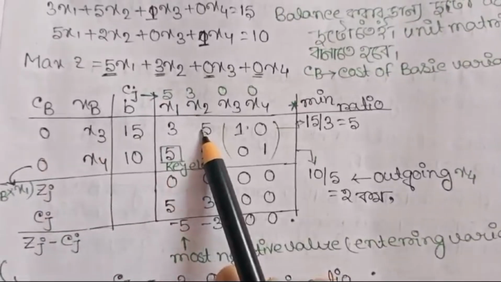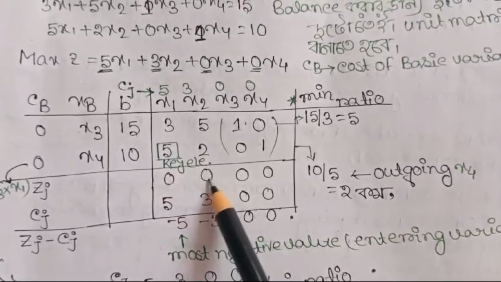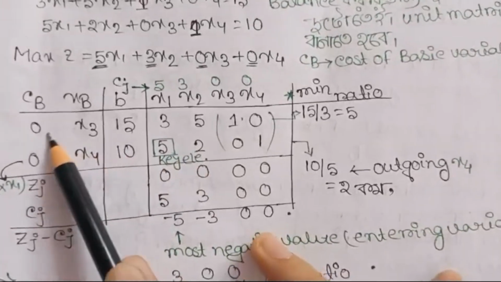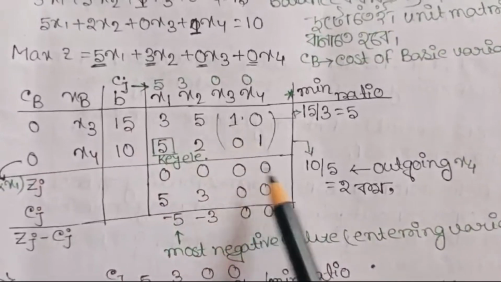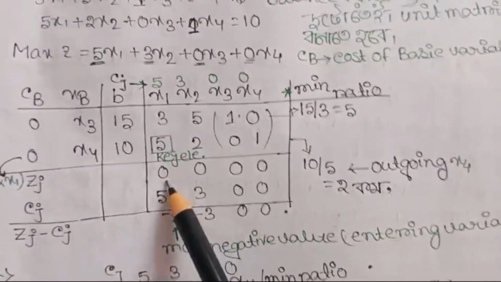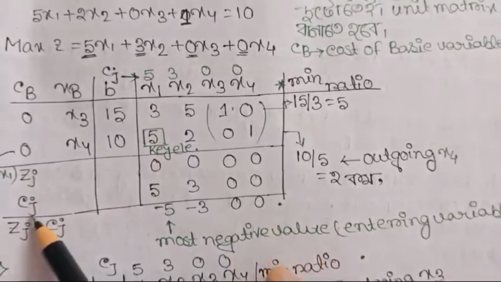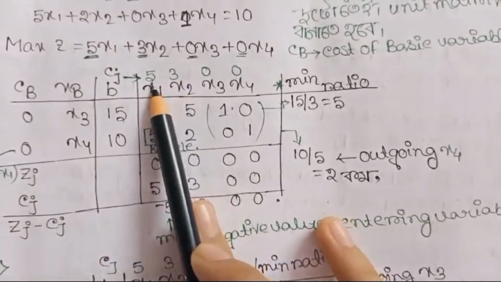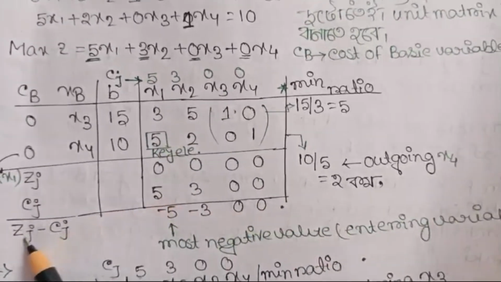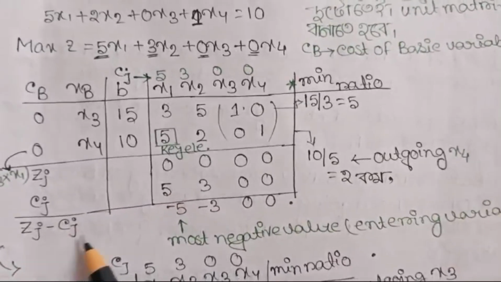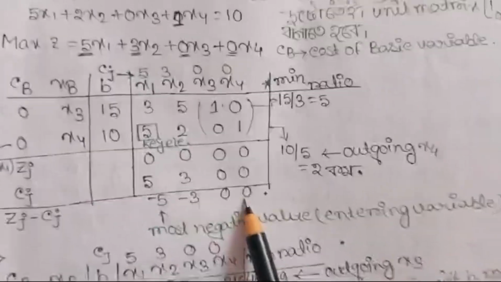Then 0 into 5 is 0, plus 0 into 2 is 0, so this is also 0. If we multiply these two values and add, we get 0. Now we do zj minus cj. Our cj is 5, 3, 0, 0, so 0 minus 5 is minus 5, 0 minus 3 is minus 3, then 0 and 0.